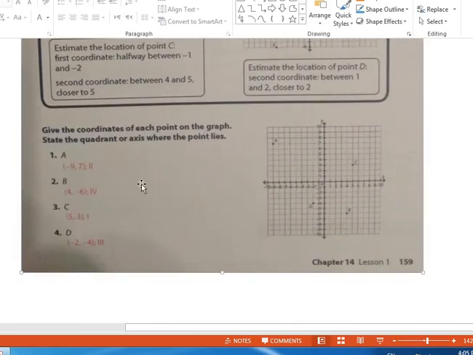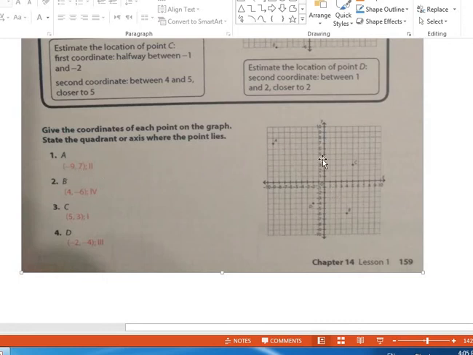Okay, here it asks me to give the coordinates of each point on the graph and state the quadrant or axis where the point lies. Here I have A. I start with -9 on the x-axis and I go up and see what the number is. It is 7, so the answer will be negative 9 and 7.